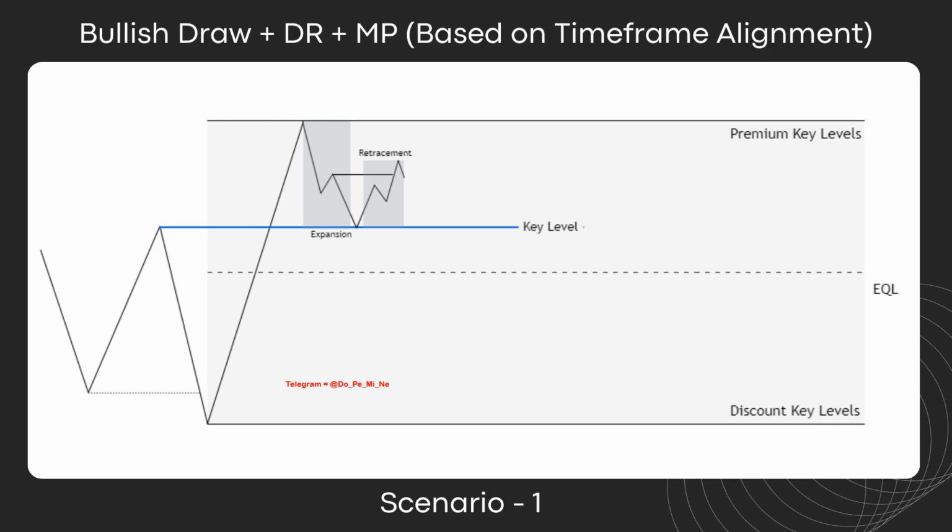Now even with a key level, we're just going to expect a retracement instead of a reversal, because we've combined it with higher time frame dealing ranges and higher time frame premium and discount, which have given us a further filter to our understanding of price movements and markets. So you can see we've added a more advanced filter to it, and you're building an advanced narrative, because first you would have expected a reversal and price might have stopped you out, but now you would only expect a retracement.